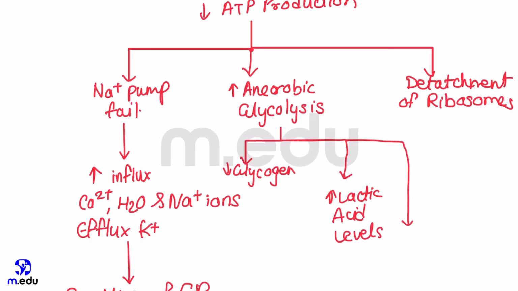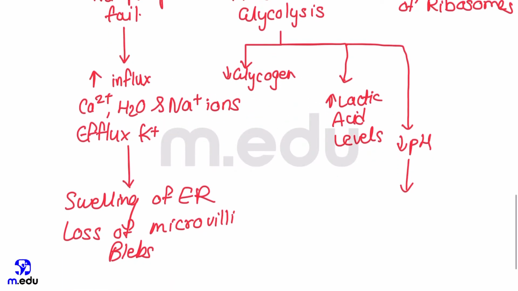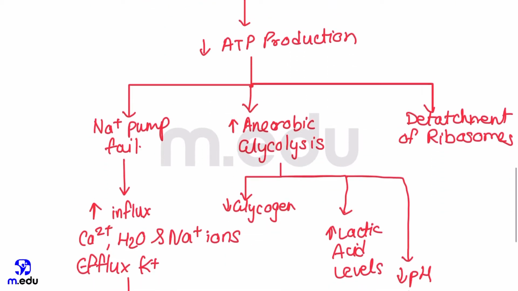And number three will be decreased pH, which will eventually result into the clumping of nuclear chromatin. Detachments of ribosomes will result into decreased protein synthesis.